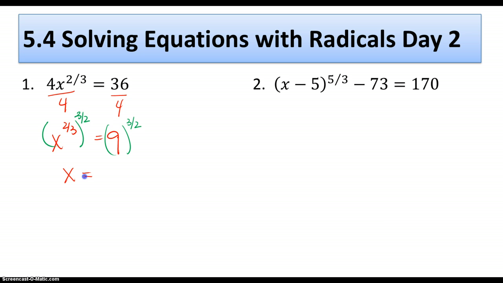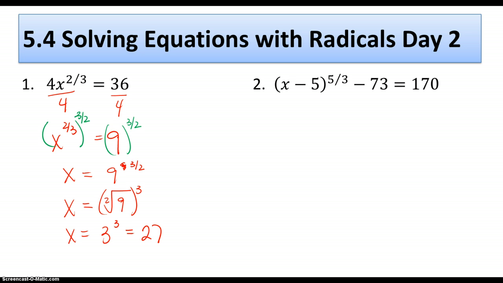Leaves me with just x equals 9 to the 3/2. Well, in order to simplify 9 to the 3/2, I'm going to change it to radical form. Gives me the square root of 9 cubed. The square root of 9 is 3, to the 3rd power is 27.